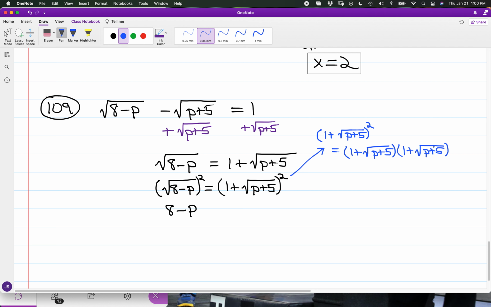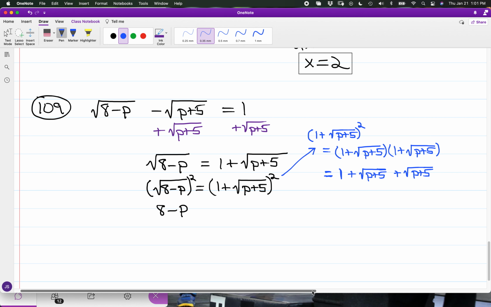Let's put it in FOIL manner. You have 1 and 1 as the first set, leading to our first product of 1. Then the outside terms are 1 and the square root of p plus 5. Then inside, the square root of p plus 5 times 1, so I have another square root of p plus 5.